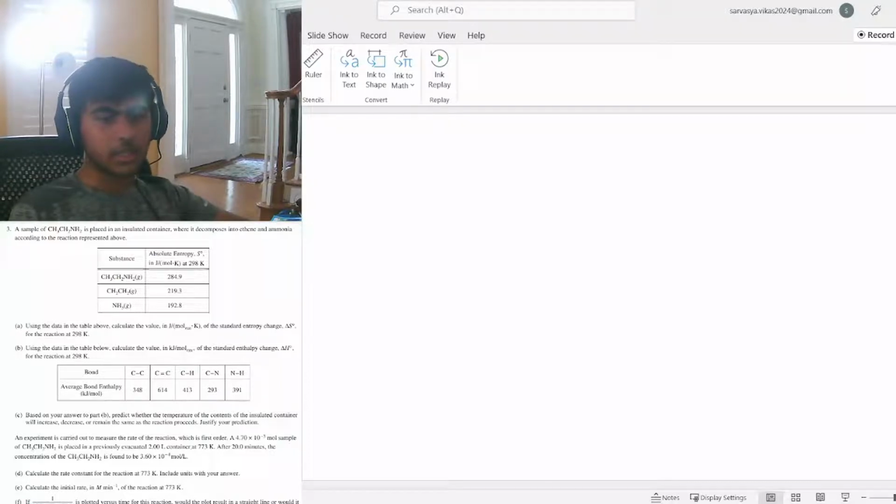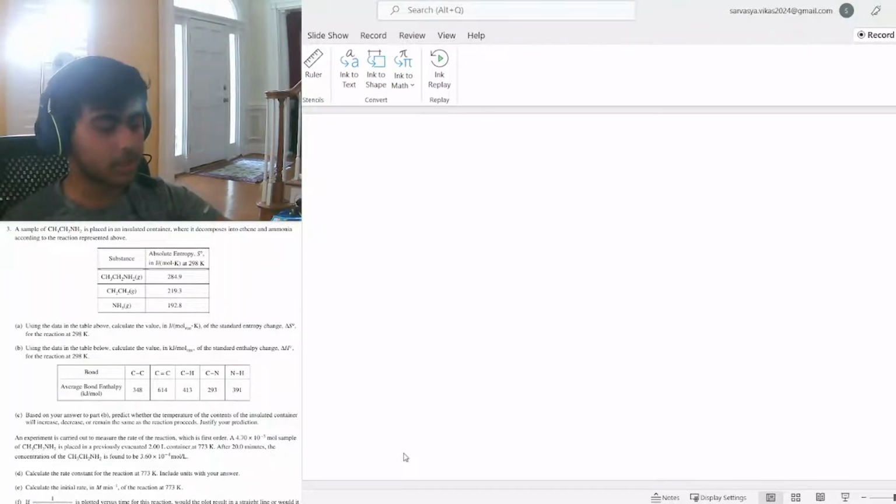So we're thinking about this based on the answer to part B, which is that the enthalpy is 49 kilojoules per mole, which means it's endothermic, right? Now, how do we use that information? We're trying to predict whether the temperature of the contents will increase, decrease, or remain the same as the reaction proceeds.